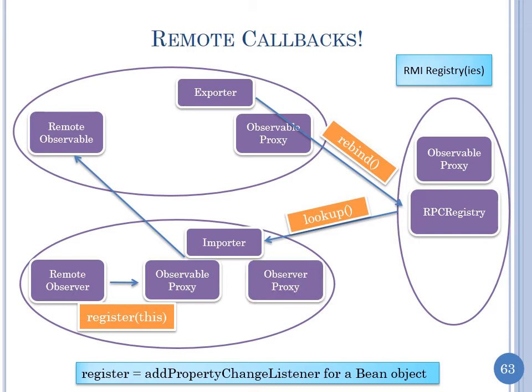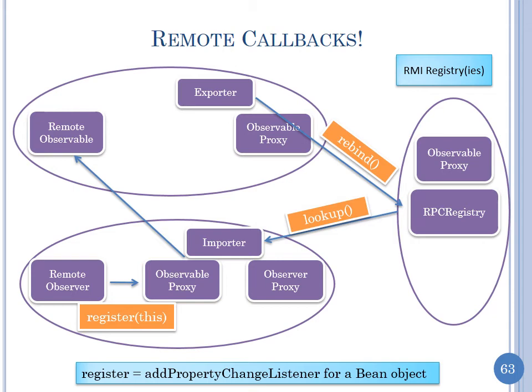And what this will do is, since the remote observer now implements a remote interface, the system knows that it implements a remote interface. So it says, oh, you want to pass yourself, but sending a serialized copy of you doesn't make sense.